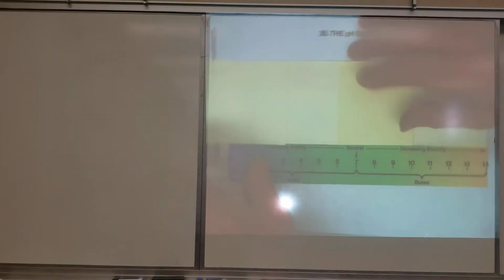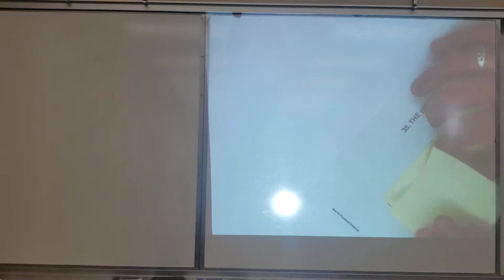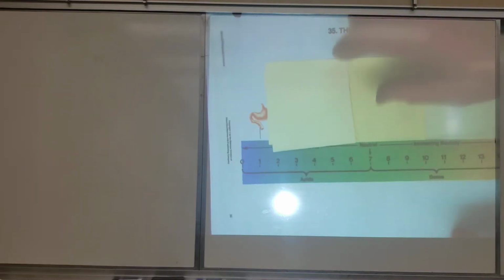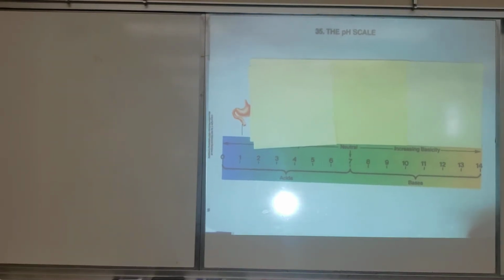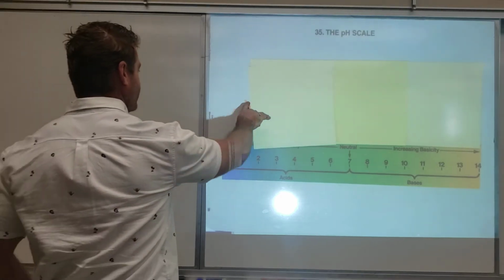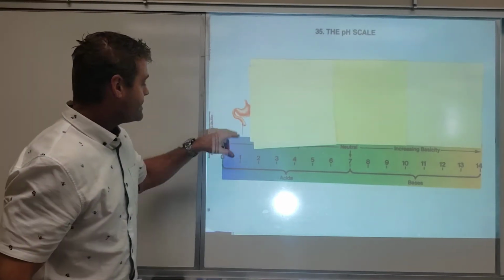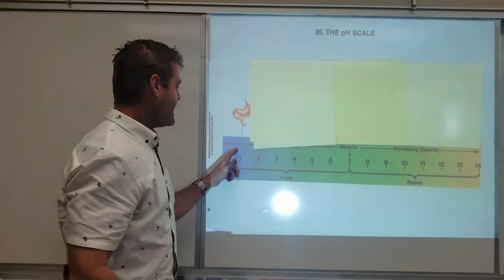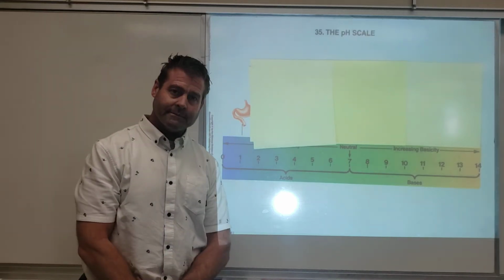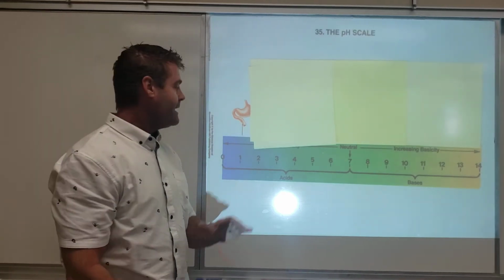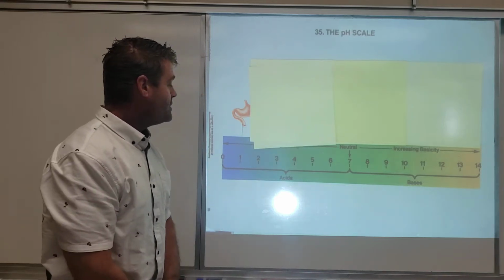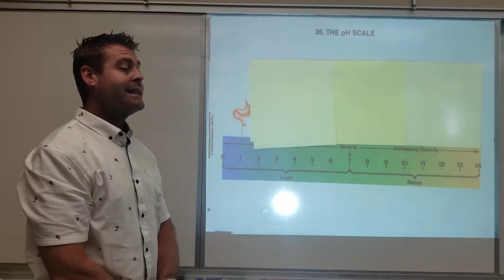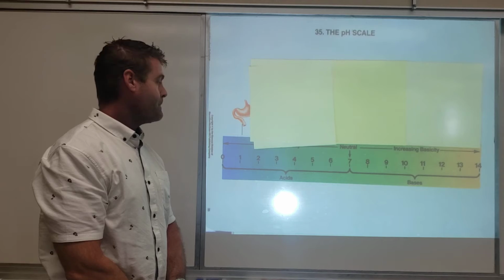In fact, stomach acid is actually hydrochloric acid, HCl. I know that looks kind of funky, but that's just a stomach. Your stomach acid actually has about a pH of 1, okay?